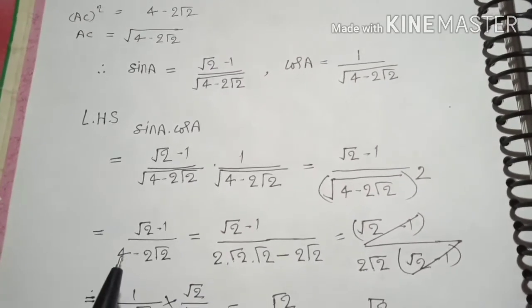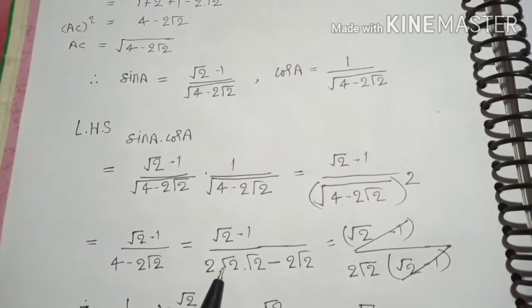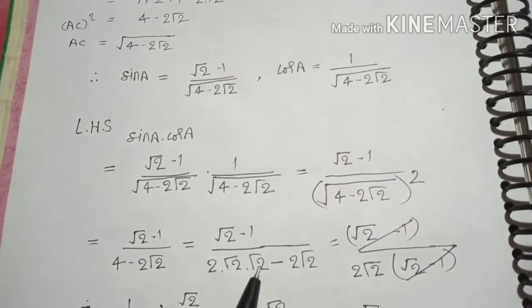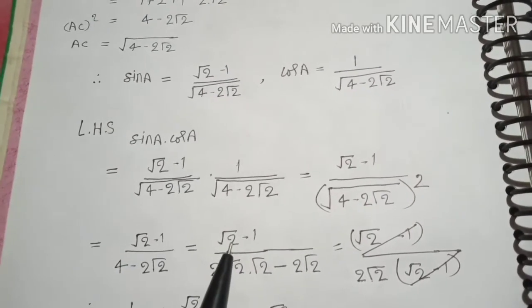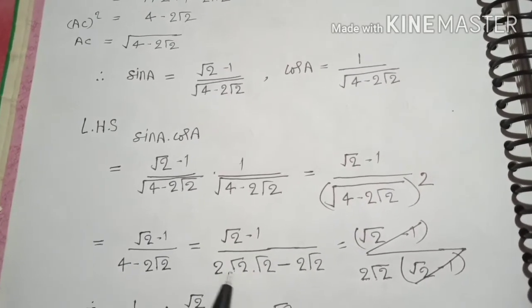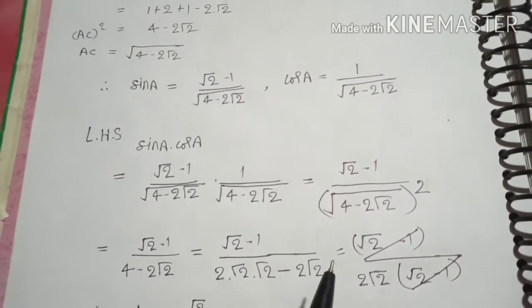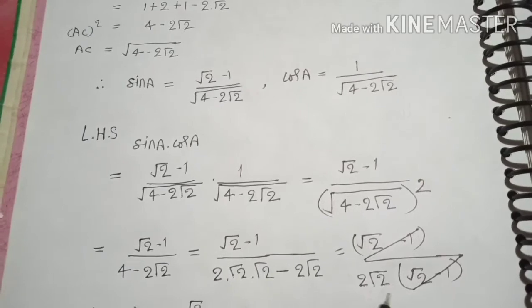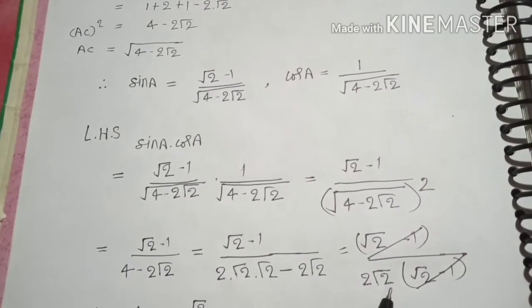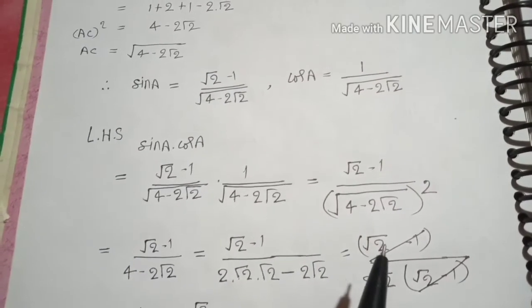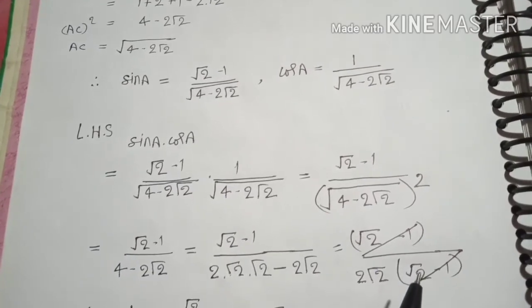So we can write 4 as 2 into root 2 into root 2. So root 2 minus 1 divided by 2 root 2 minus 2, taking 2 root 2 common. So root 2 minus 1 divided by root 2 minus 1.